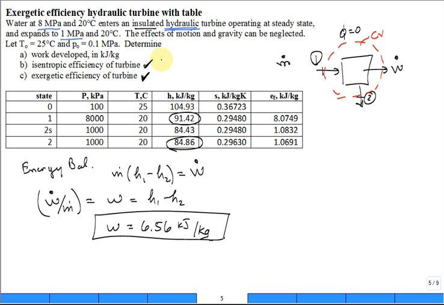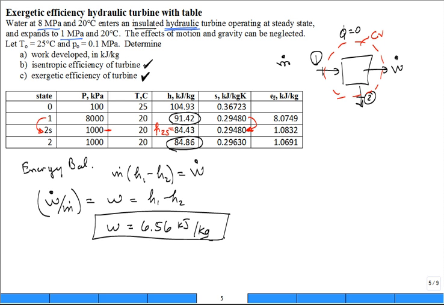Okay, so in order to calculate the isentropic efficiency, you need to consider not just expansion from 1 to 2, but from 1 to 2s, where the pressure at state 2s is known and the entropy is known. True? So you conceptually calculate state 2s, and you find H2s, the enthalpy at state 2s.